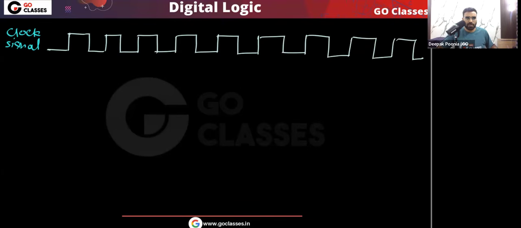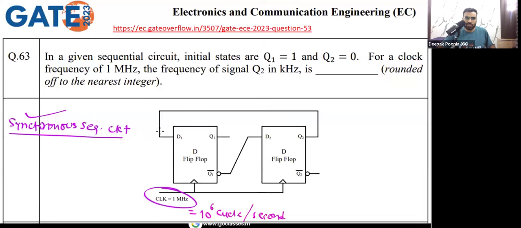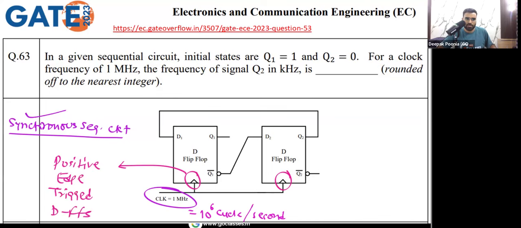Now notice one thing, that both the D flip flops are positive edge triggered. This arrow simply means positive edge triggered. We have positive edge triggered D flip flops.